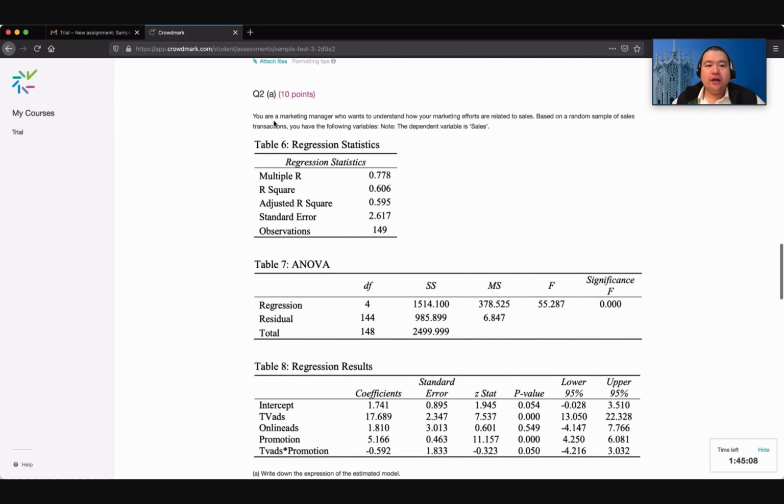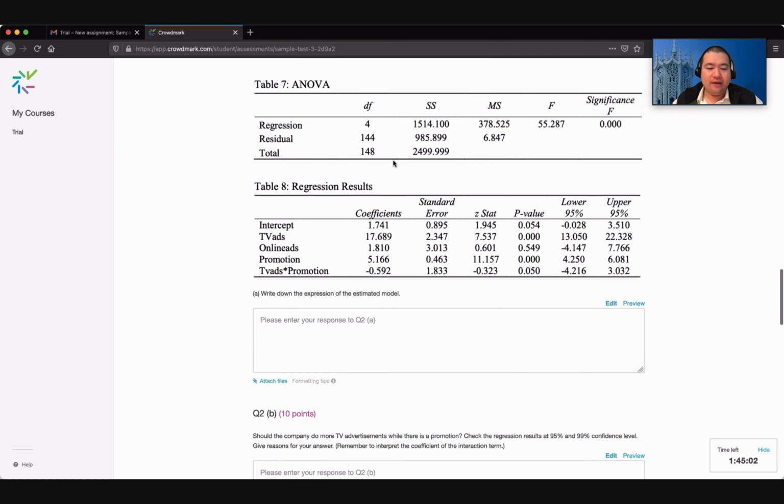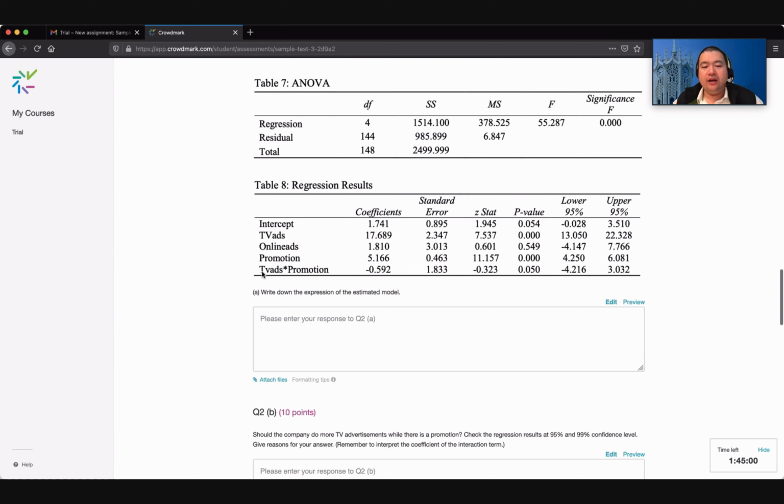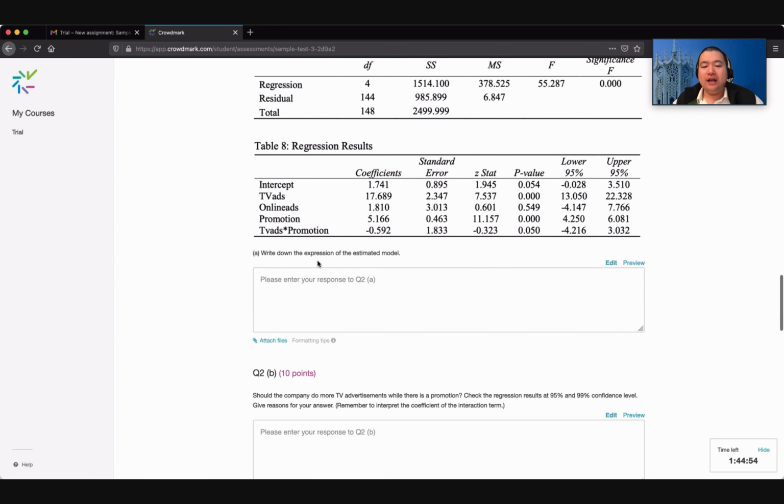So later, you are a marketing manager who wants to understand how your marketing efforts relate to sales, and then here we've got the interaction term. Okay, so write down the expression. So the expression here, you just need to add this interaction term, which is negative 0.592 times TVS times promotion.